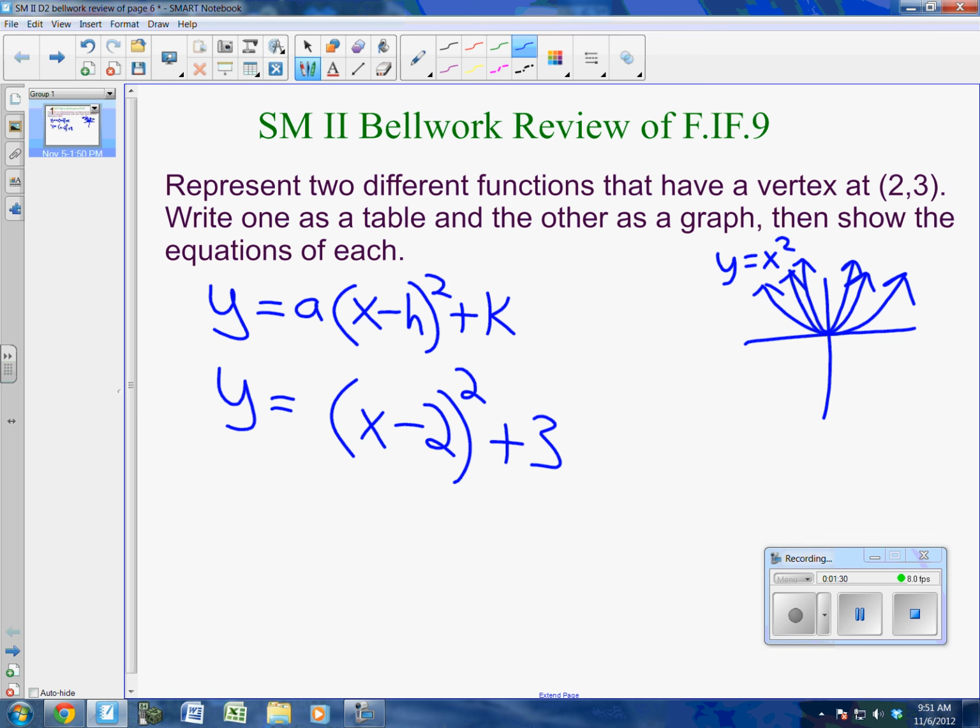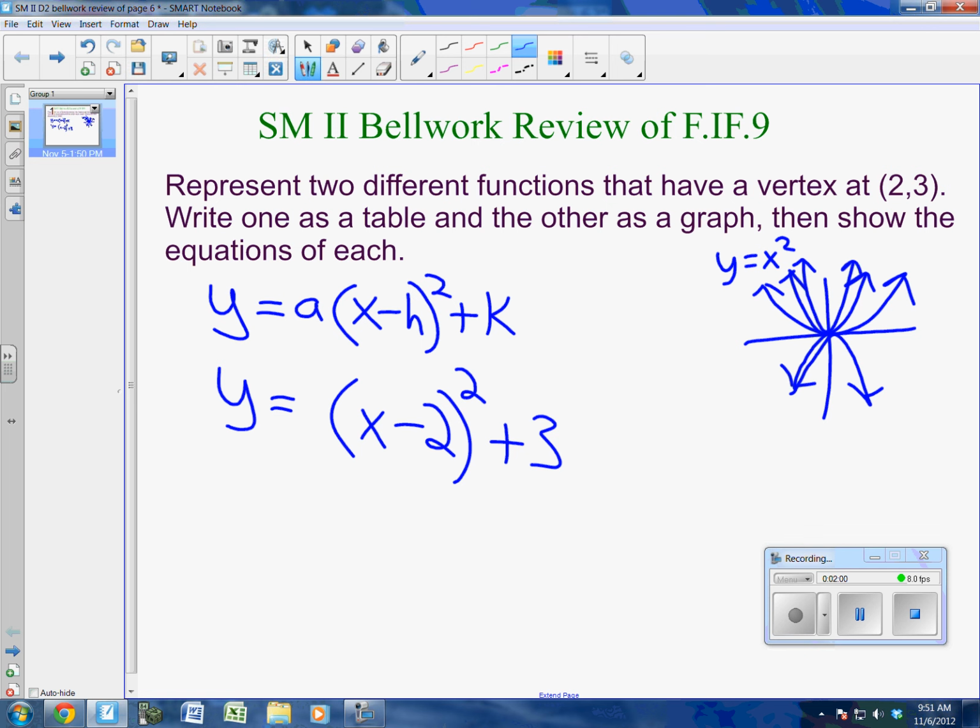If you times it by a negative, it turns it upside down, like that. So if you make it bigger than 1, it makes it skinnier. If you make it between 0 and 1, it makes it fatter. And that's all a does. The vertex will stay the same. You can change a to be anything you want, but I'm just using 1 for it right here. Does that answer your question?